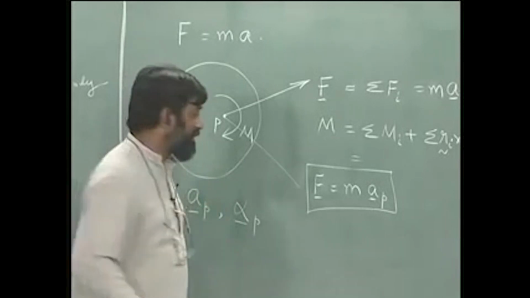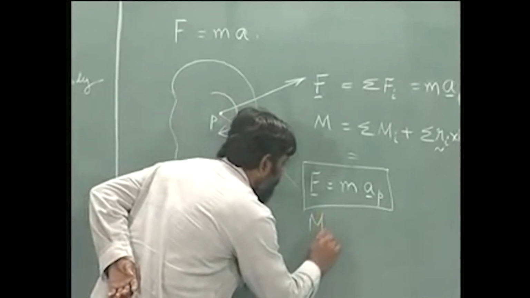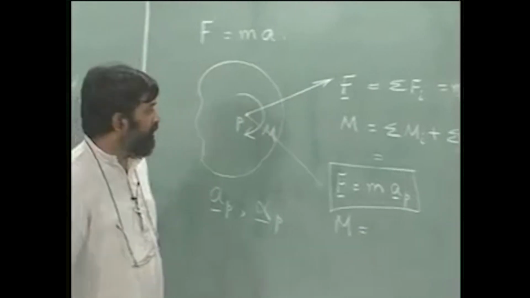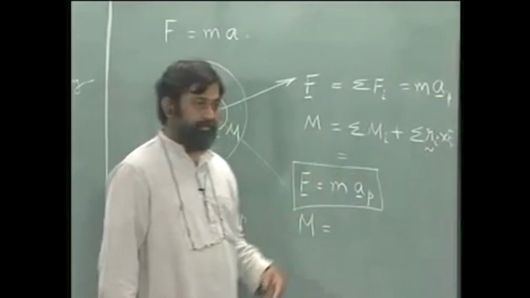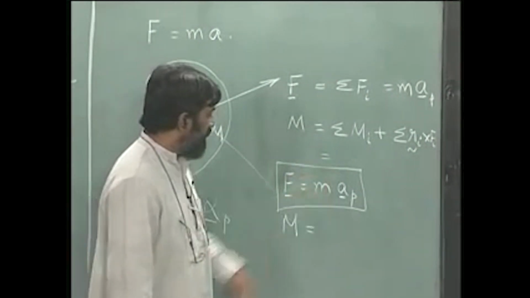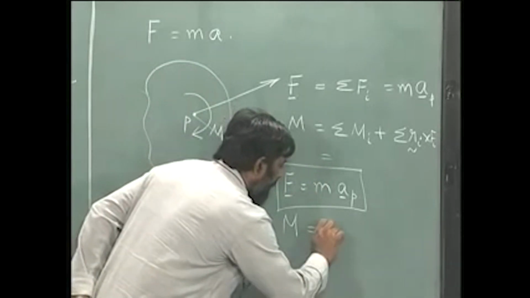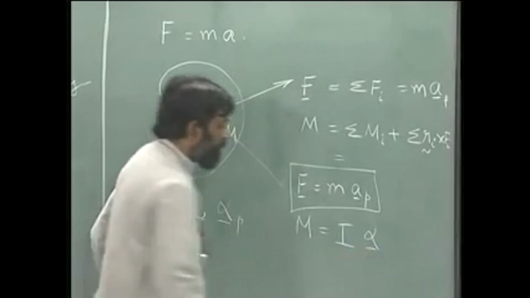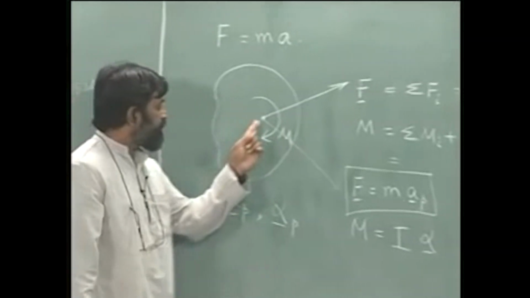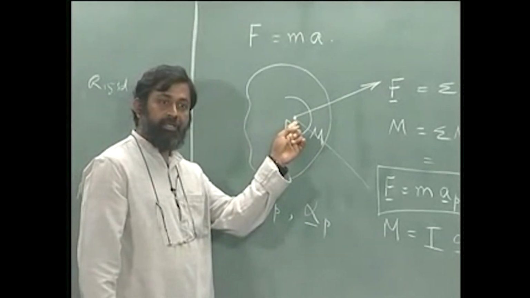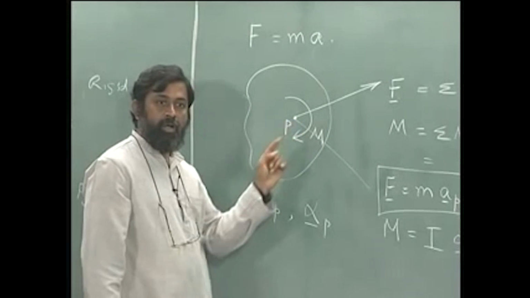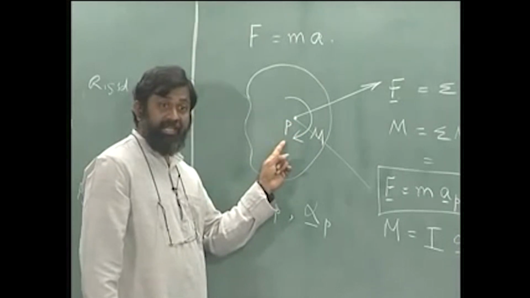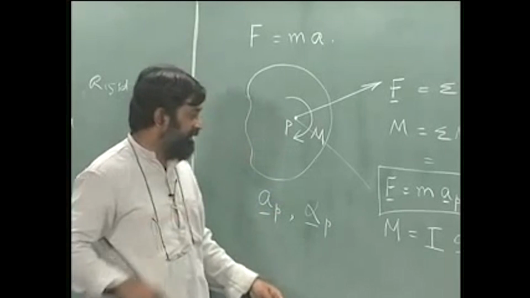Again a very simple result: M is the same thing I can take, but the right hand side now will be some I times alpha. And what is this I? I is the polar moment of inertia about P along the axis of alpha.